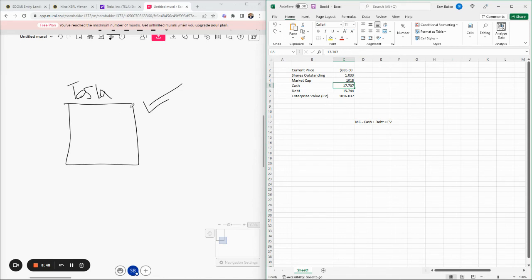So for that reason, when figuring out how much it's going to cost to buy this box, because that's really what enterprise value is, we're not going to factor in the cash. I will factor in the debt though. I'll say, hey, if you want this sucker, just to let you know, we've got $15.744 billion worth of debt that you're going to have to tack on to whatever price you pay.